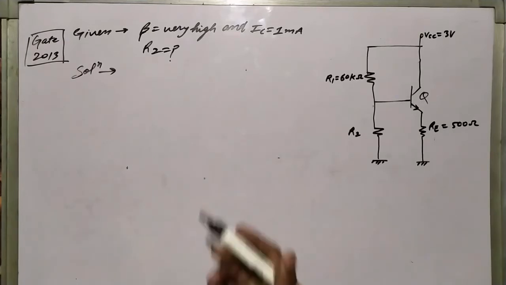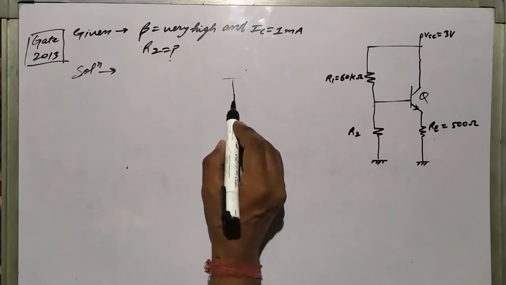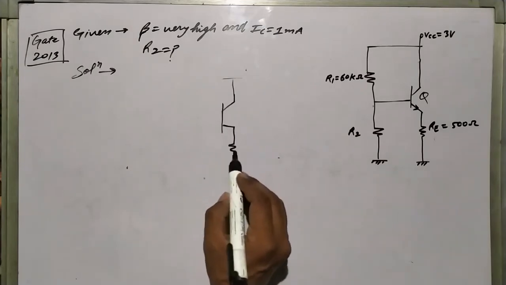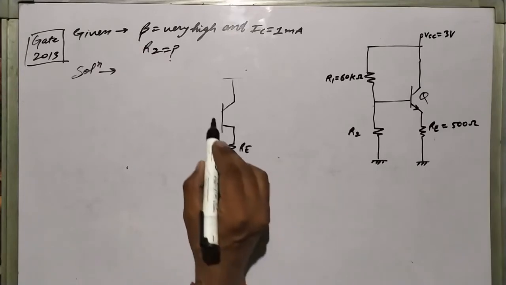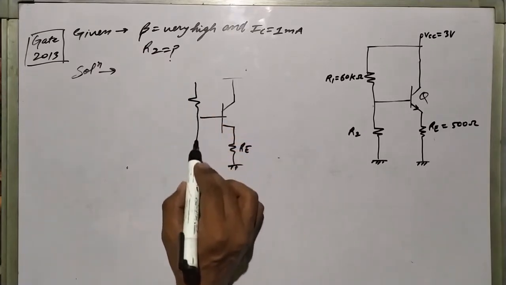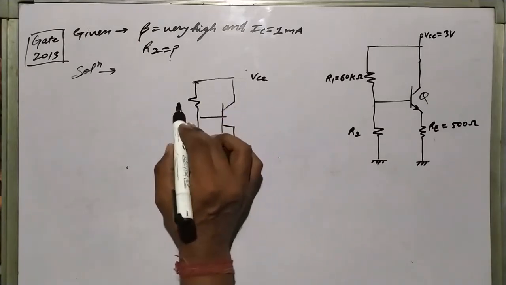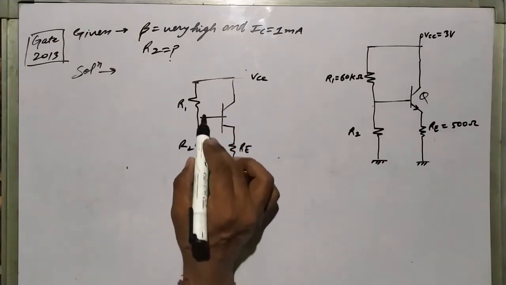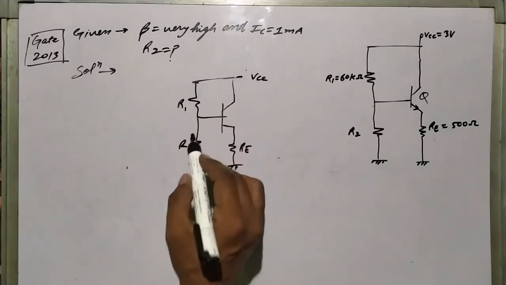So how do we deal with the self-biased circuit? So let's take a circuit which is self-biased. Okay, this is VCC, R1, R2.